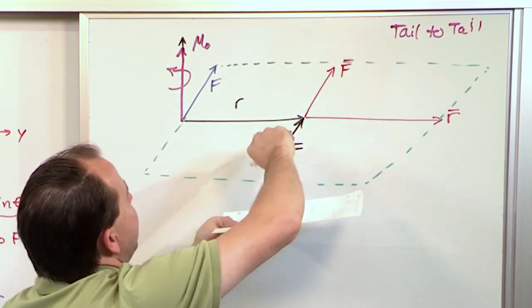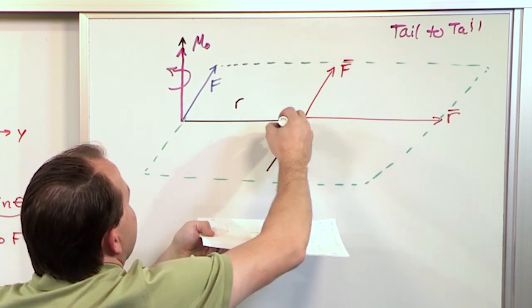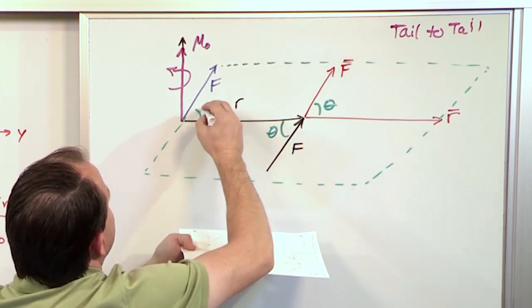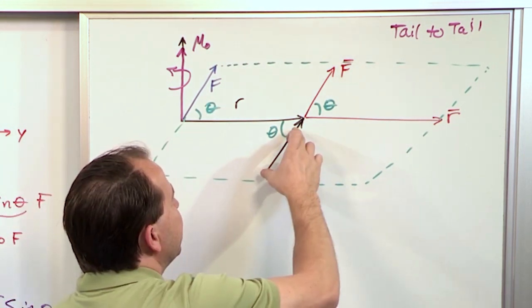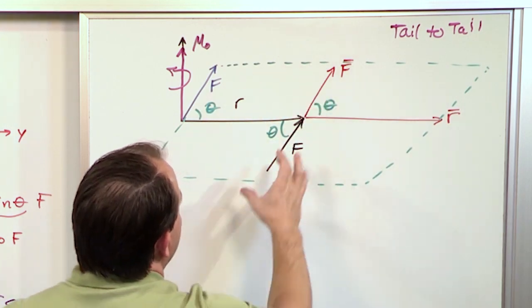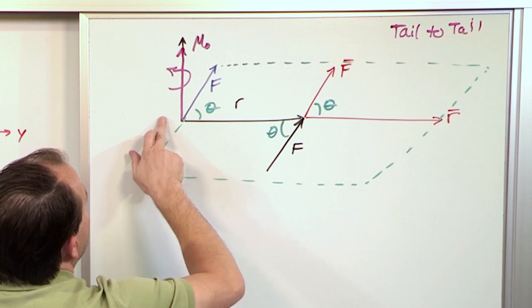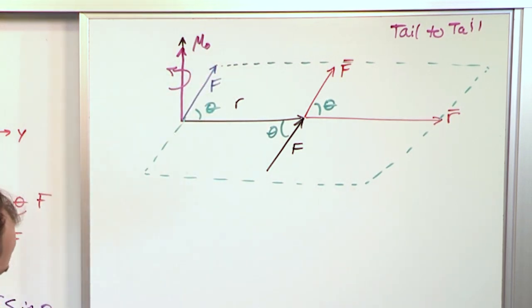And what you have here is R, and you have F coming in at an angle. This angle is the same angle that we have right here or right here. These are all the same angles. So to actually find the cross product graphically, you can shift this up and over and do it, or you can shift this tail to tail and do it. But either way, you're getting a cross product that shows the direction and you're showing its rotation.